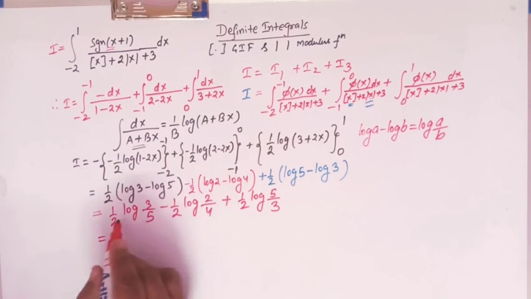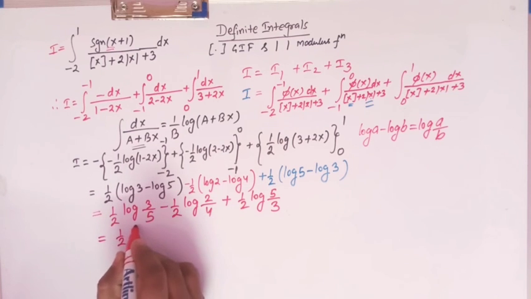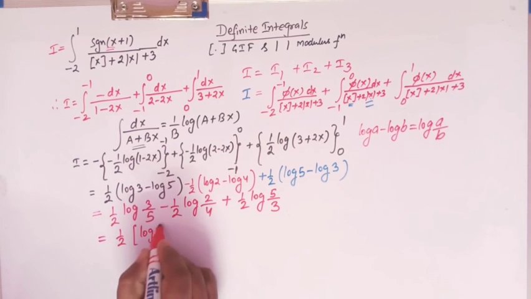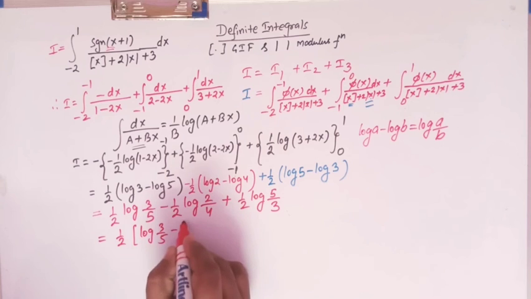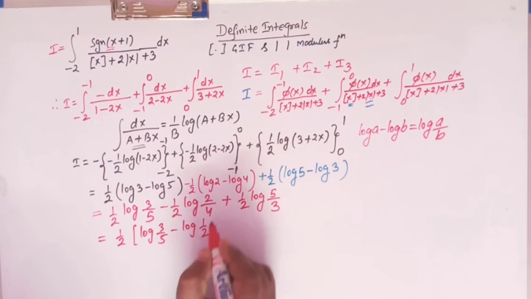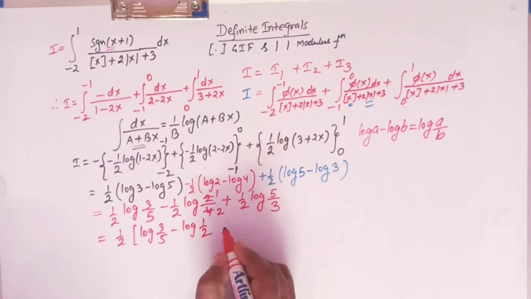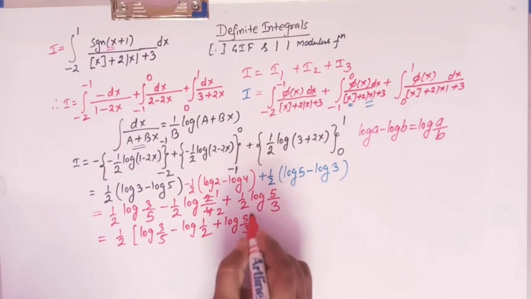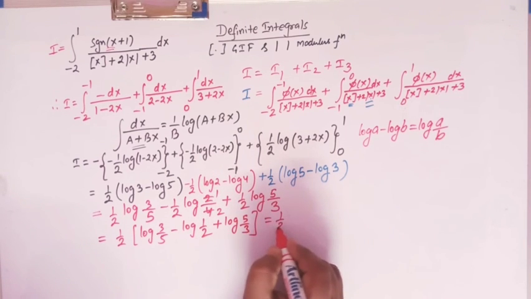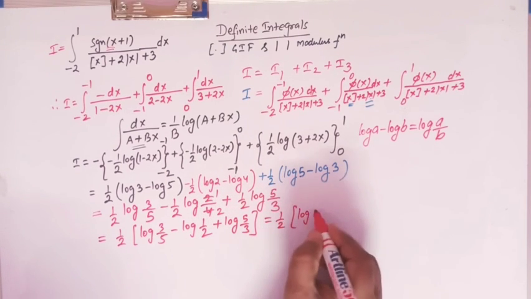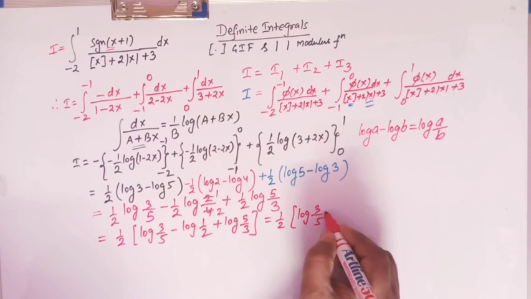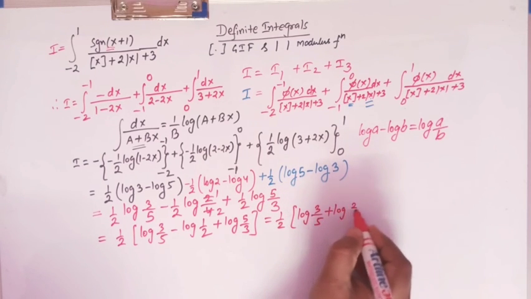Now we can take half common, so we have half log 3 over 5 minus log, this 2 over 4 is 1 over 2, and here we have log 5 over 3, right? Now we can write it as half log 3 over 5 plus log 2 over 1.